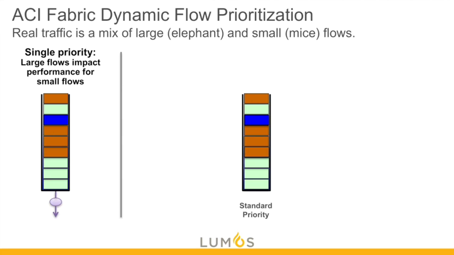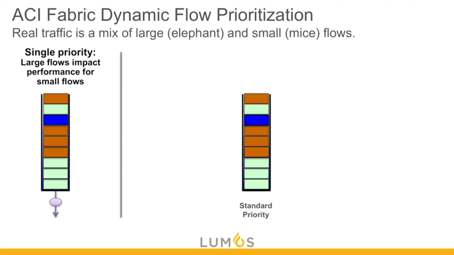A mouse flow might be a quick update, or an iSCSI read or write, whereas an elephant flow might be vMotion. For an elephant flow, it typically doesn't matter if a transfer takes 20 seconds or 23 seconds. If we drop a few packets, we have to do retransmits, and it's going to add to the time of that flow.